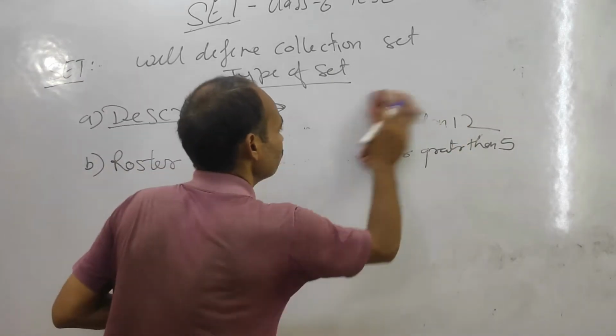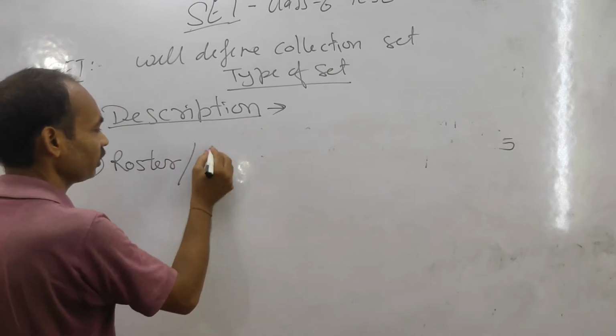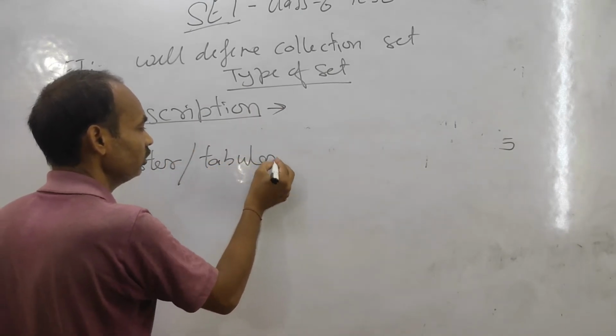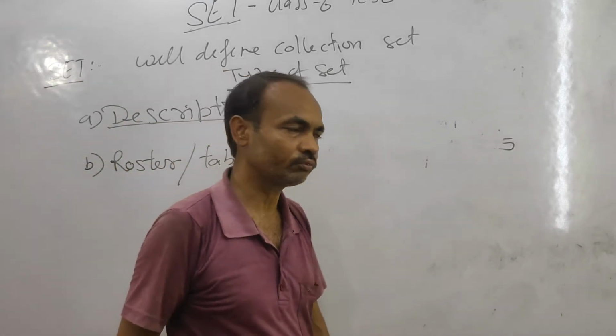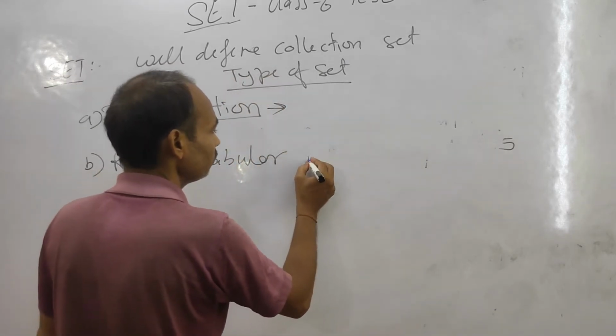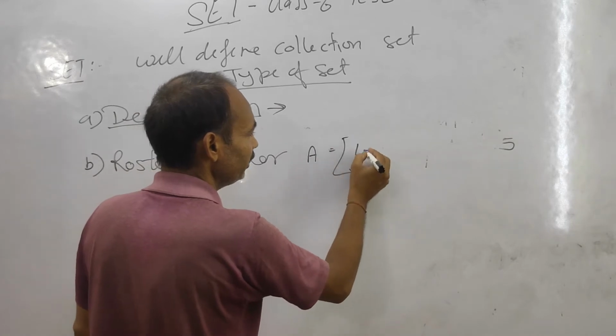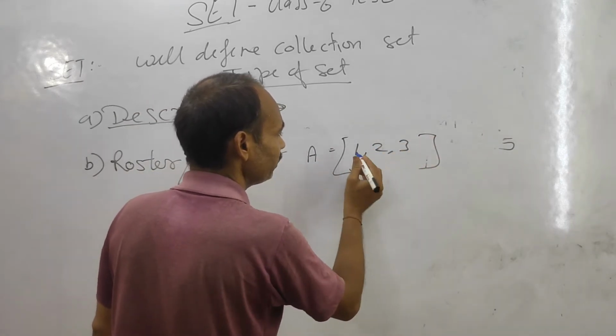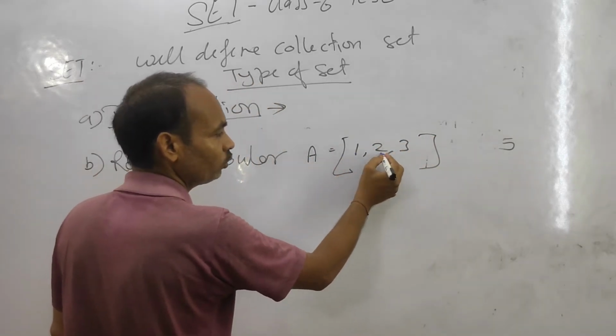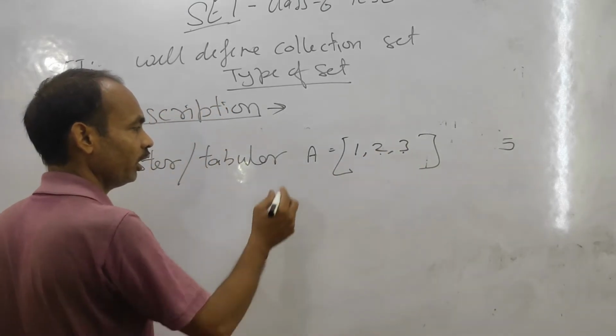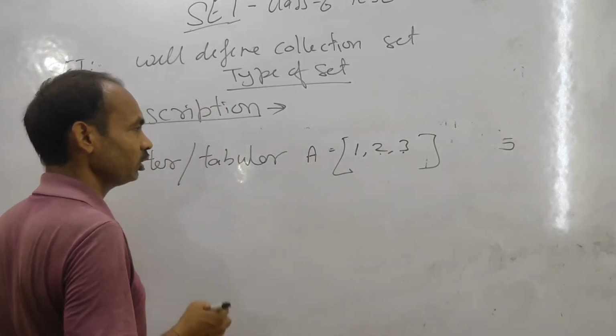The second type is the roster or tabular set. In roster or tabular form, you write with an English capital letter, and anything as elements. 1, 2, and 3 are the elements, and A is the name of the set.